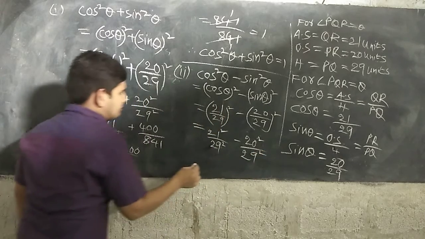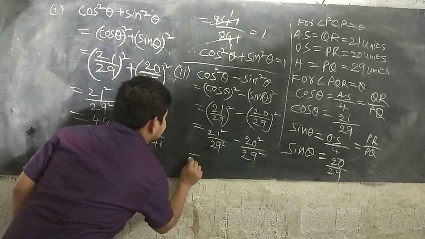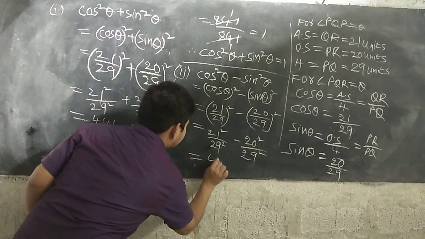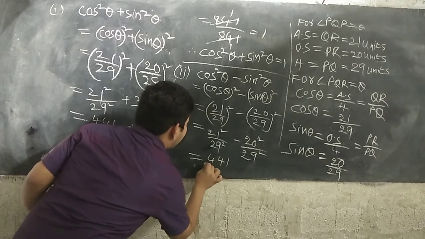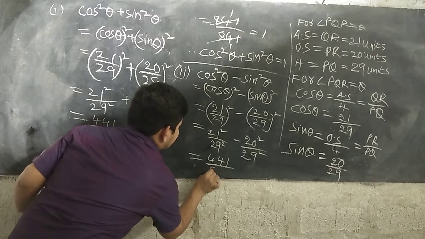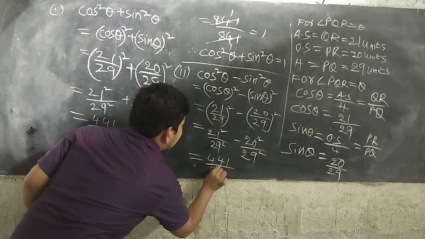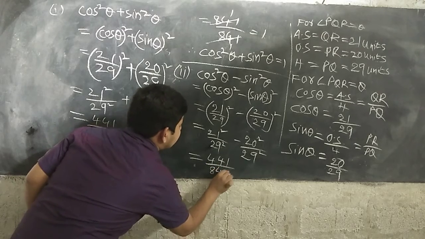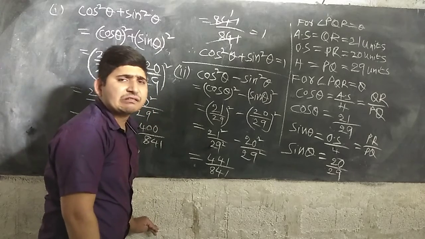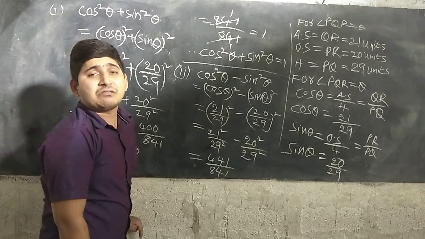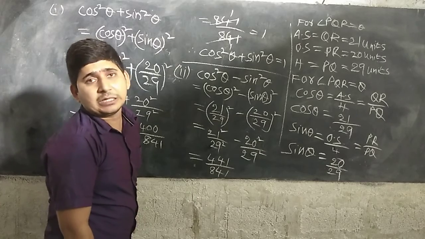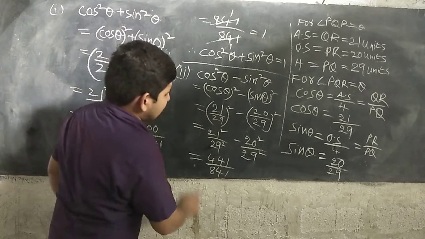That equals 441 by 841. 21 square equals what? 21 into 21. 29 square is 29 into 29. A square is A into A, B square is B into B. In that manner we have to calculate.